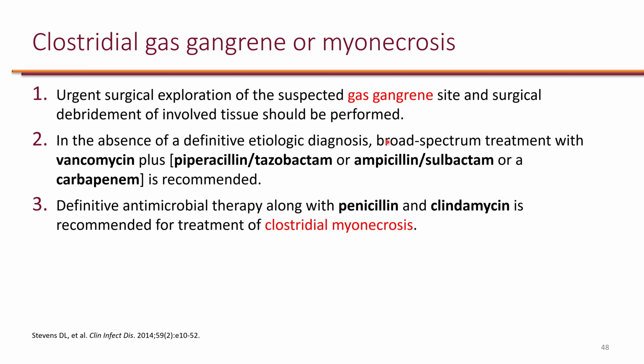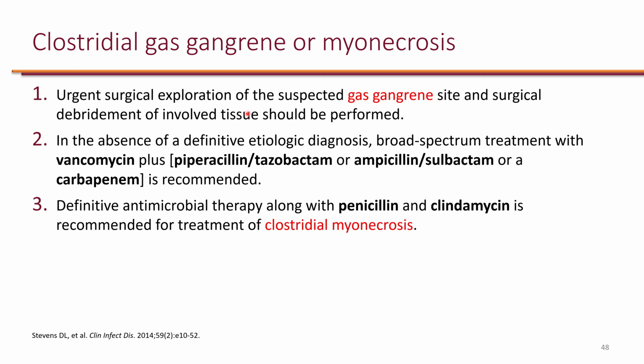And here are recommendations for clostridial gas gangrene or myonecrosis. The difference between necrotizing fasciitis and gas gangrene is essentially that necrotizing fasciitis is driven by streptococci and gas gangrene by clostridial species, so Clostridium perfringens.